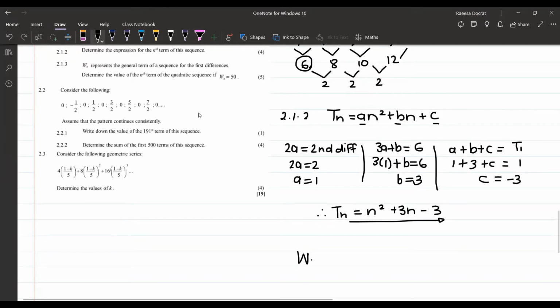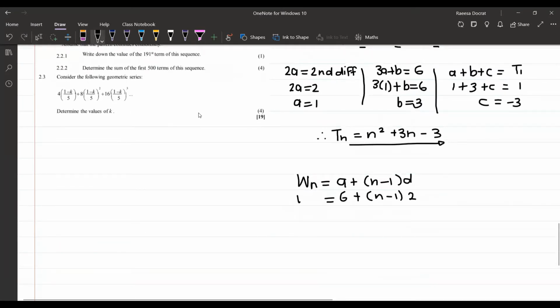Wn is the pattern for the first differences, which you can see is a linear pattern. So we're going to have T1 plus n minus 1 times d. For the first differences, the first term is 6, and the common difference is 2.